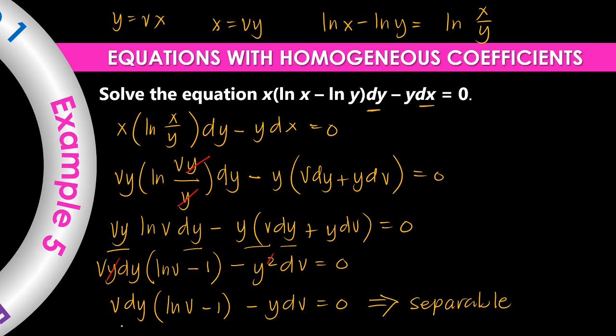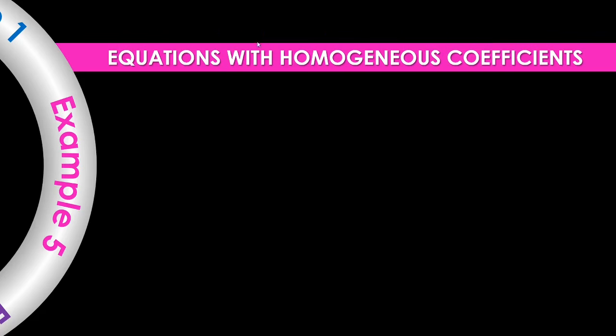So let me just copy this equation on the next slide. And after that, we can proceed to the separation of variables. Okay. So here it is. We have v times ln of v minus 1 dy minus y dv equals 0. So we now separate the variables v and y.